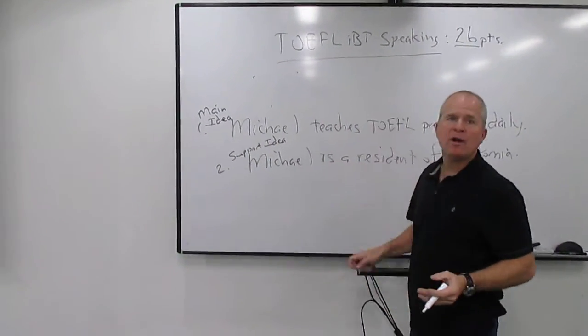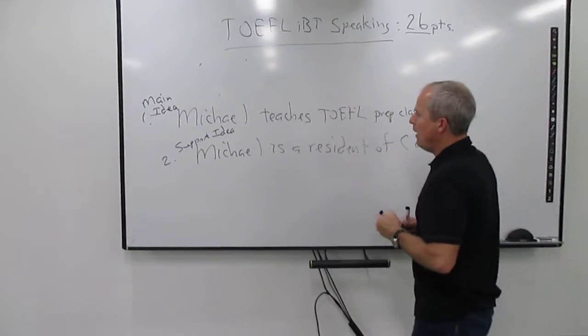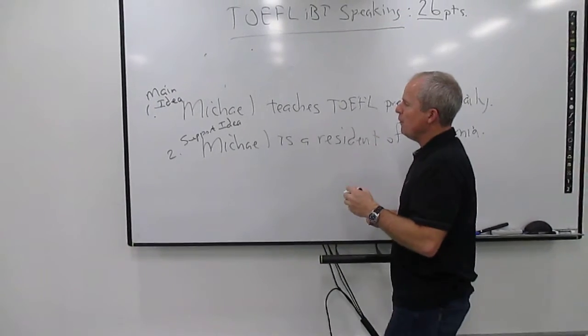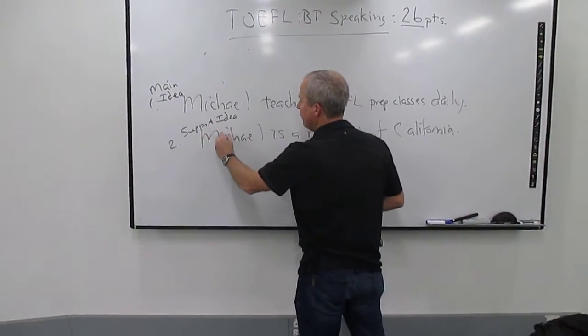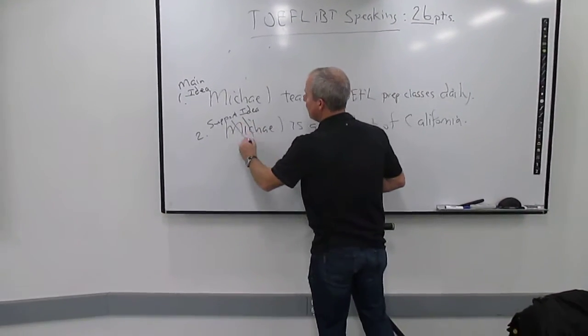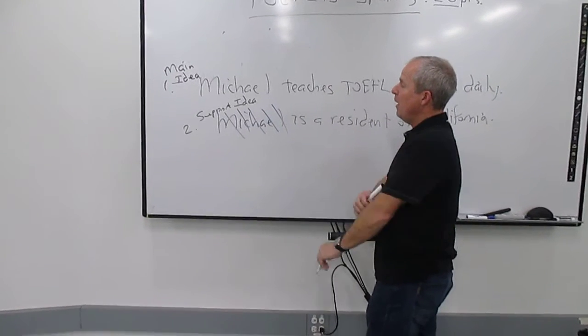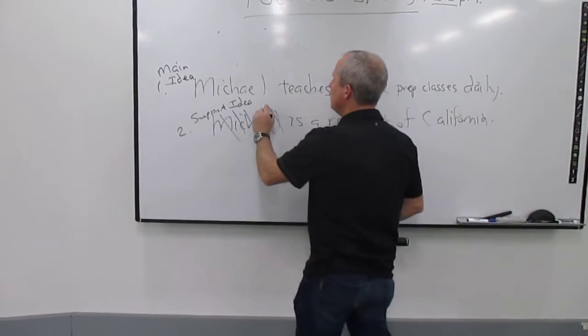So now I want to combine these sentences. Now in order to do that, I'm going to get rid of the word Michael here. And instead of using Michael, I'm going to use the word who.